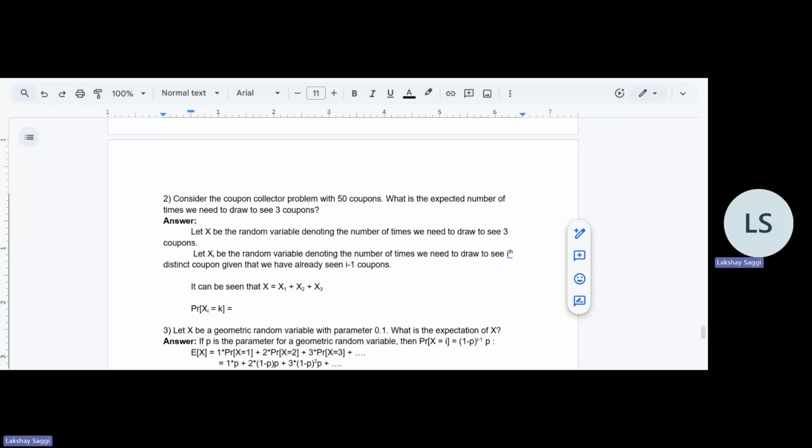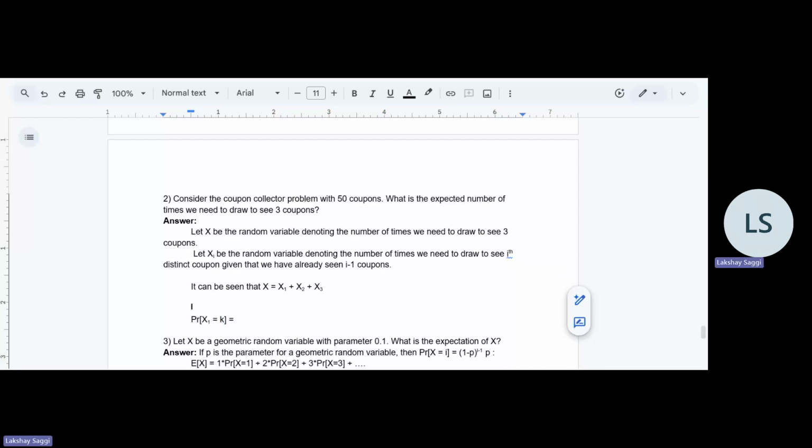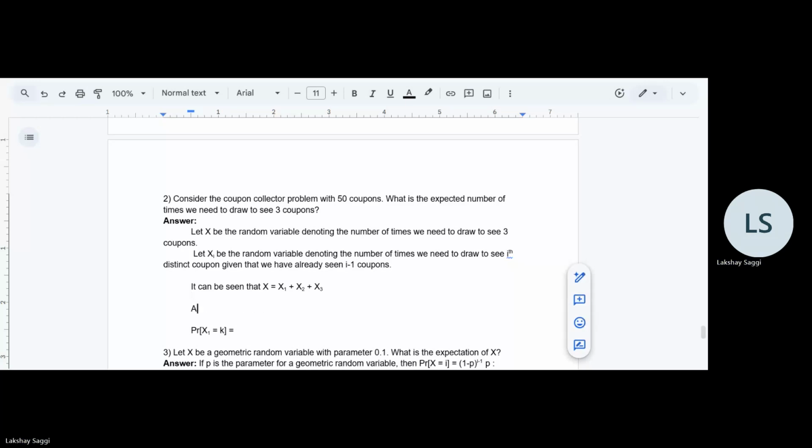Note that the expectation of x1 equals 1. One thing we need to see is that x1 is nothing but the number of coupons we need to draw to see one distinct coupon, given that we have already seen 0 coupons.